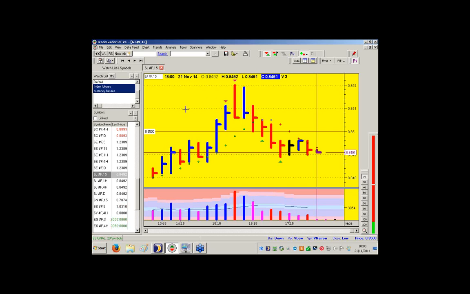For the yen, all right, so Tom is asking, did you enter at the top of the upthrust red bar or below the low of the red bar? Well, that's a question for Gavin, who's actually left the room at the moment. Well, you have to wait till the bar actually finishes.